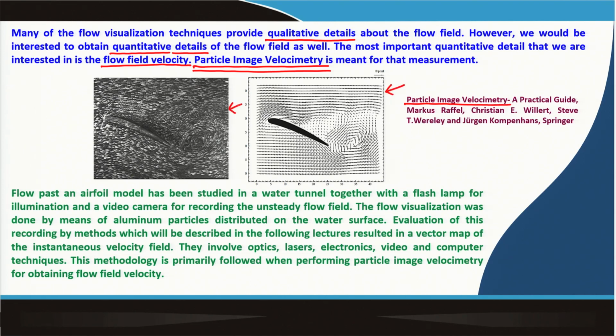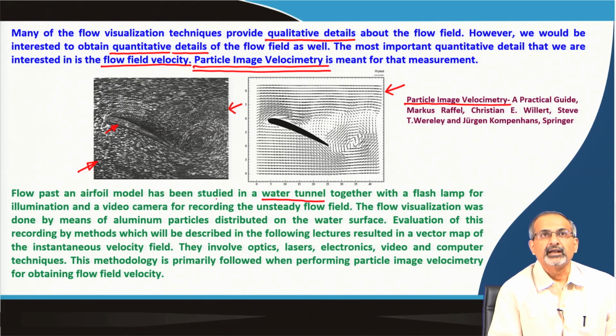Two images have been taken from this reference to give you an overall idea about what particle image velocimetry tries to do. On the left side, you have a flow visualization conducted in a water tunnel, where you can see an airfoil pitched at an angle of attack to the flow.